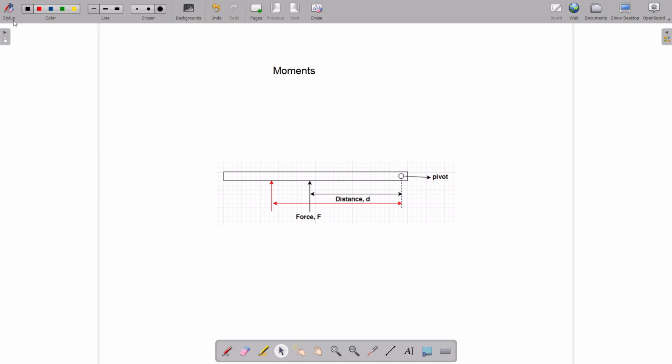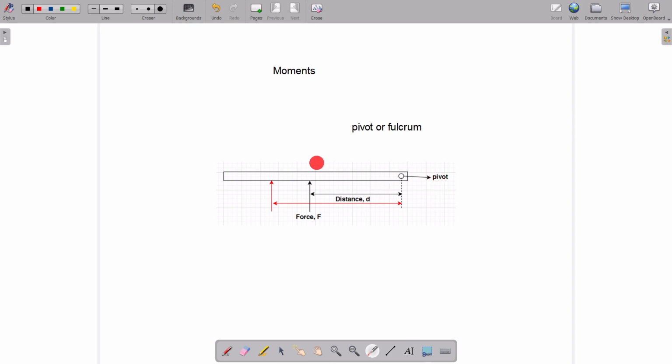And usually, a force is going to cause an object to turn about a particular point. The point about which turning takes place is referred to as the pivot. So in our diagram, we see a depiction of what we are referring to when we talk about the moment of a force.